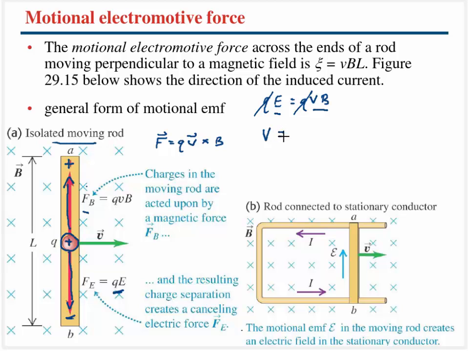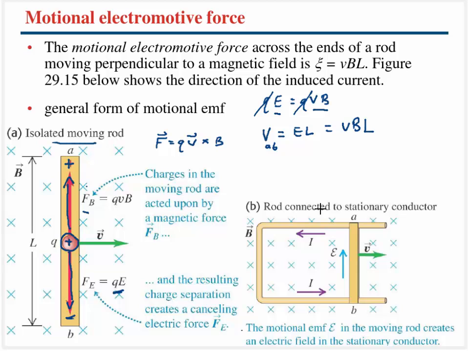Recalling that the voltage is equal to the electric field multiplied by some distance of separation, which is going to be the length of the rod, you can see that the voltage induced on this rod would have to be equal to the velocity multiplied by the magnetic field multiplied by the length of the rod.